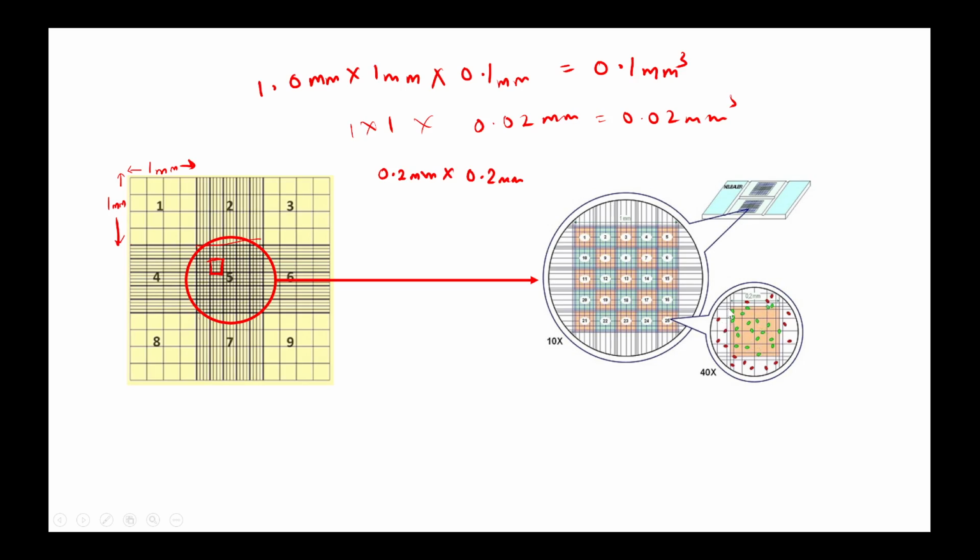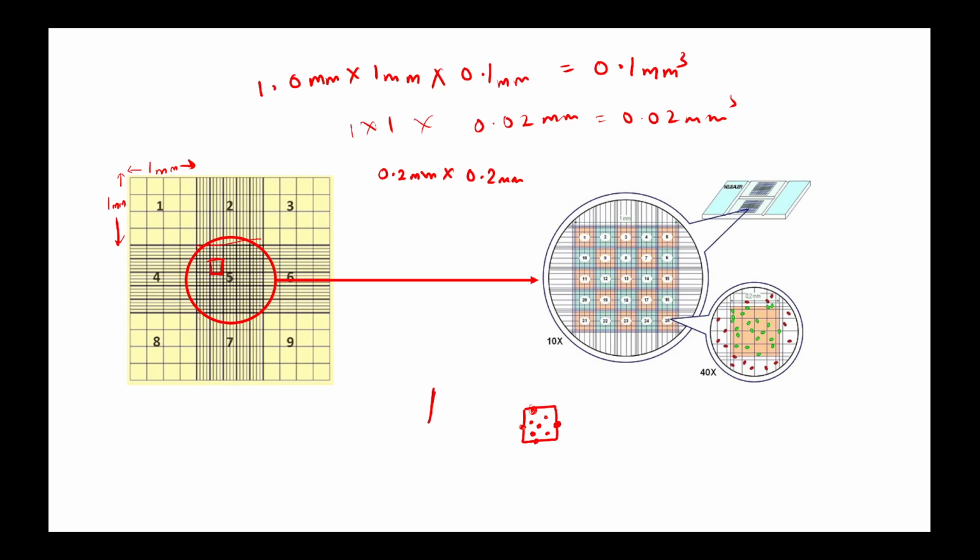Okay. And generally the rule is, let's say this is the square. There can be cells that are touching the edge of the square, along with the cells that are present inside the square. The ones inside the square, you will definitely count.